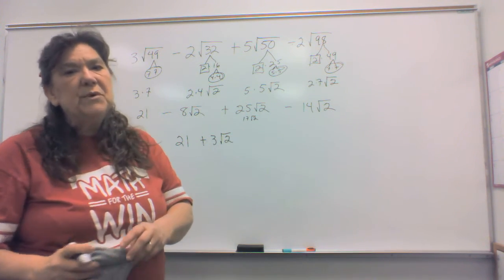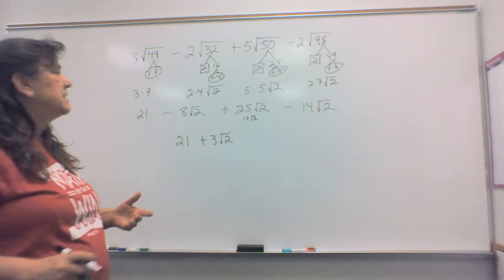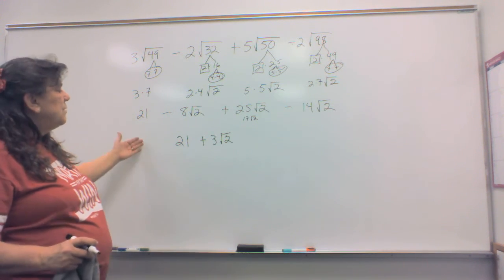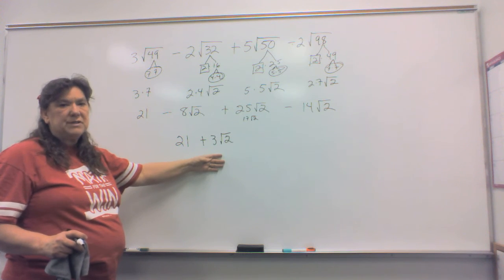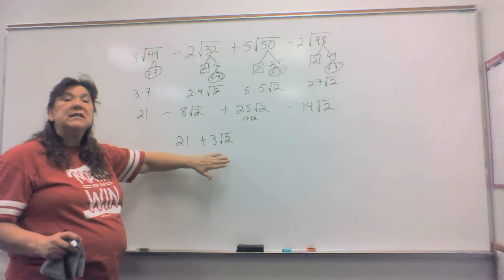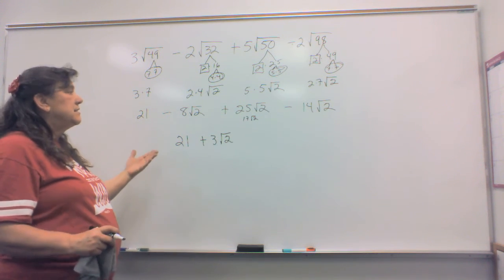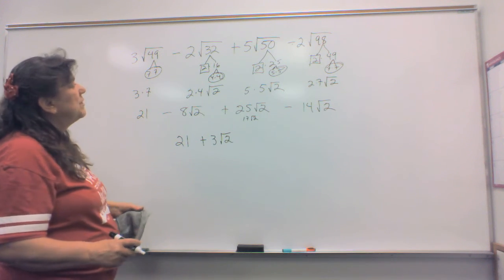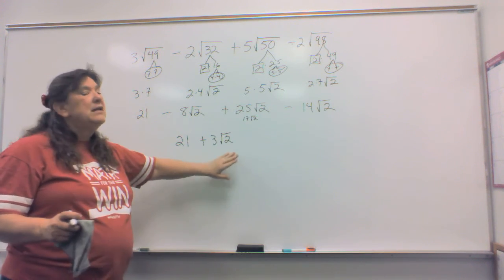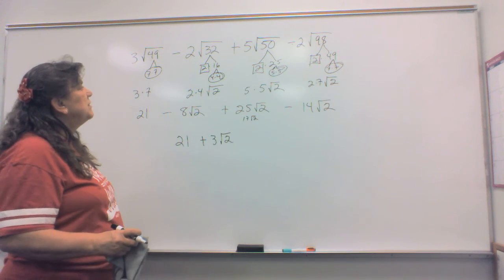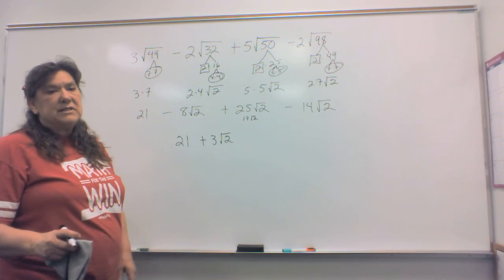So as you can see, we can take some pretty complex things and we can simplify them all the way down to where we have an expression. But notice, there's no answer to this. There's an answer, but it's an expression that is in simplest form, and it's exact. So that's where you are with this. And it works really nicely to work it out and have your simplification of radicals in this way.